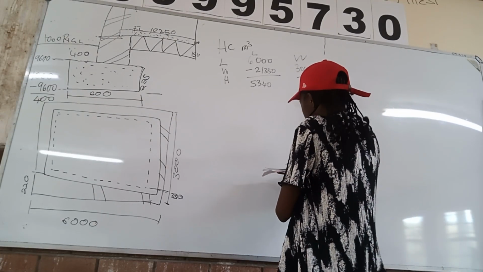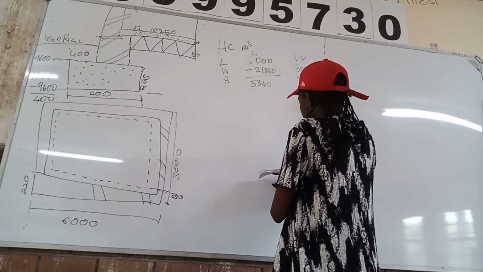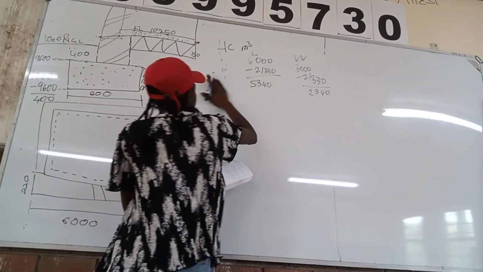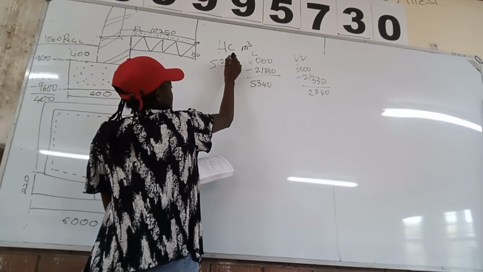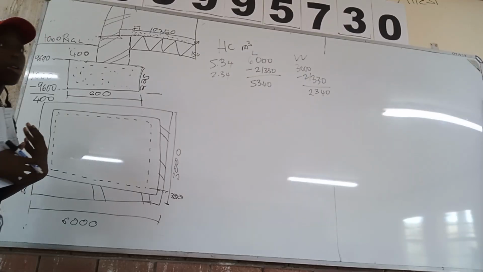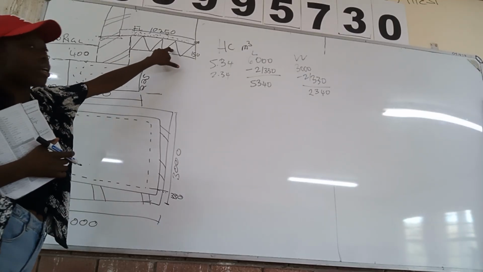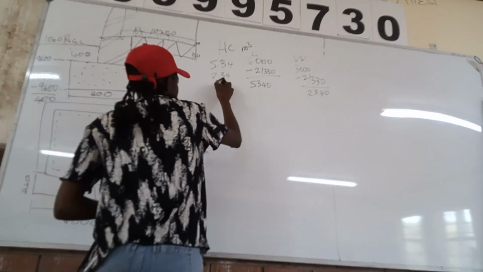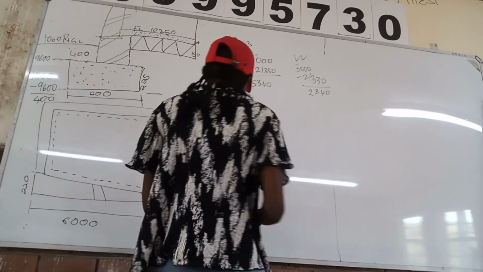What do we get? 2,340. So it means the length is 5,34 and the width is 2,34. And then what is the height of our hardcore? 150. The height of hardcore is 0,15. We are done with the hardcore.